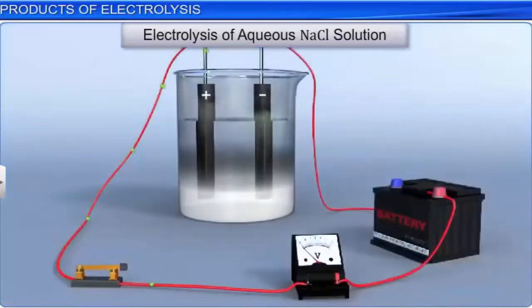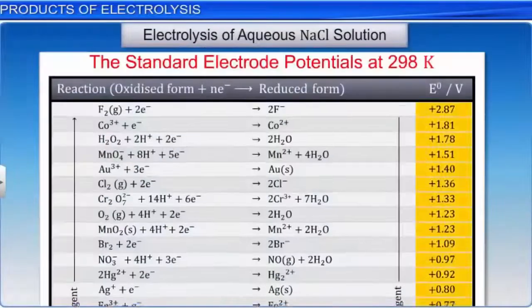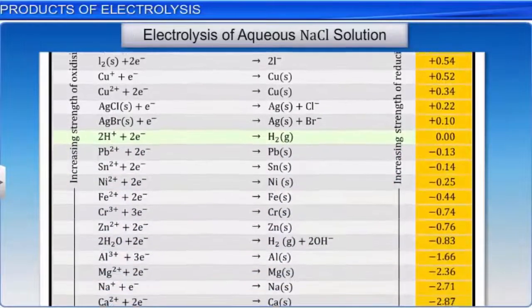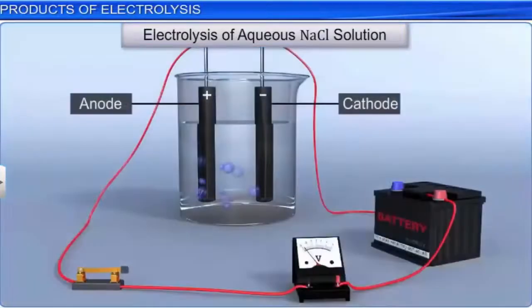It is more challenging to predict the products of electrolysis reactions in aqueous solutions. Due to overvoltages, you can't rely solely on standard reduction potentials. Reduction will occur at the cathode, but there are two possibilities for the reduction half reaction.